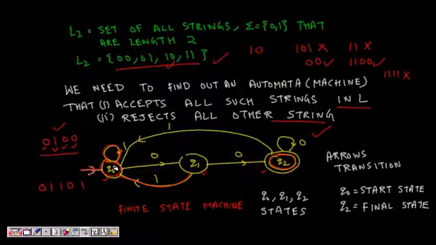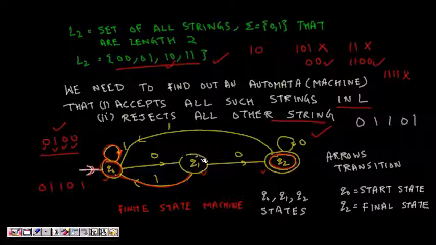I always start from a start state. I see 0, I will go to Q1. I see a 1, I will come here again at Q0. Let's try to write it down: 0 1 1 0 1. When I see 0, from the start state I will go to Q1.